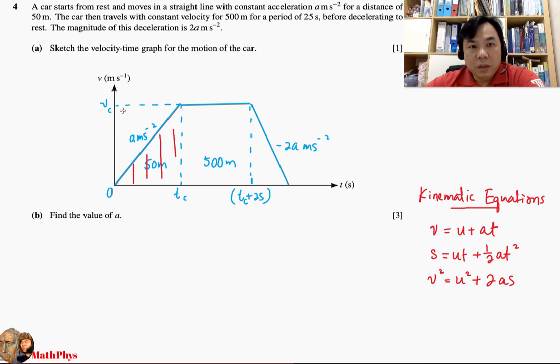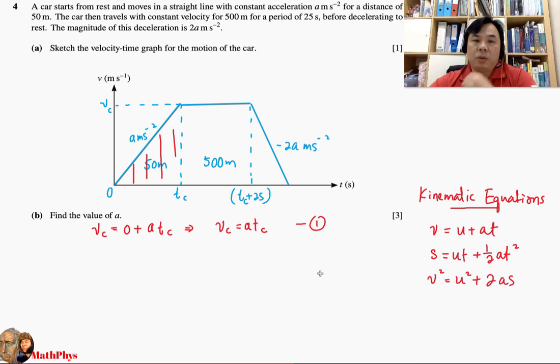Since I'm using VC here, I will write down VC equal to U plus A times time. U is the initial velocity. Initial velocity was 0. Acceleration is A. It would have accelerated for a certain duration of time, and the duration of time is TC, and therefore we can simplify that as VC equal to ATC here.